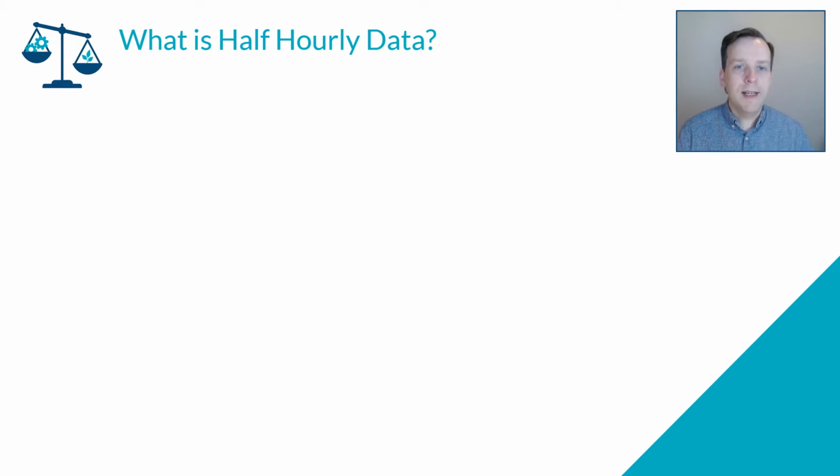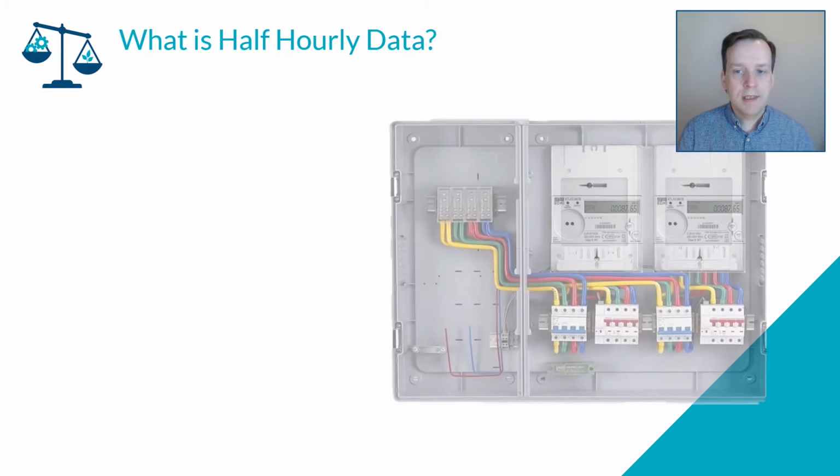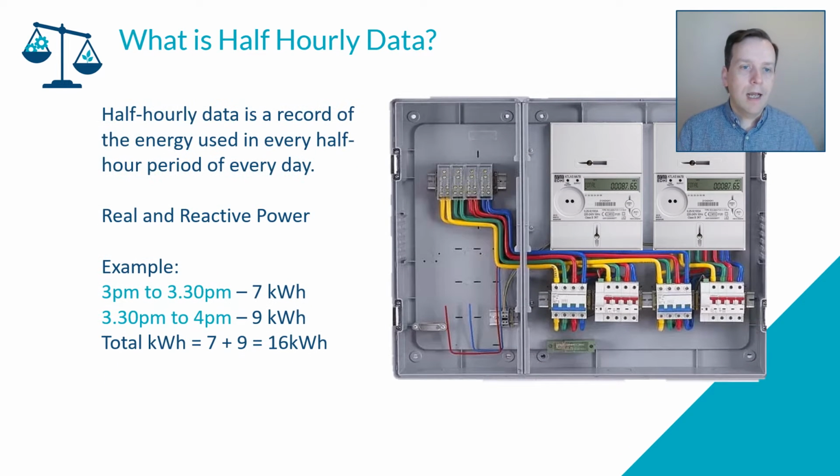So, what is half-hourly data? Half-hourly data is a record of the energy used in every half-hour period of every day. Might be stating the obvious there, but we need to start with the basics.